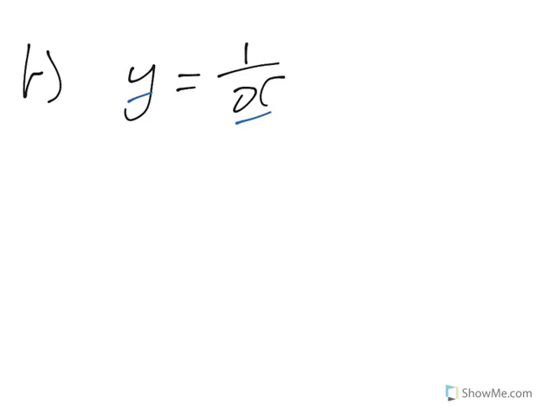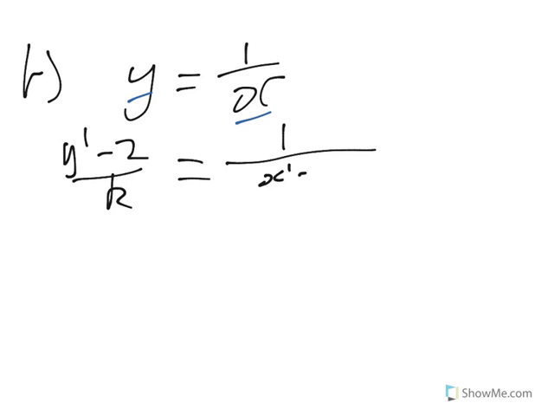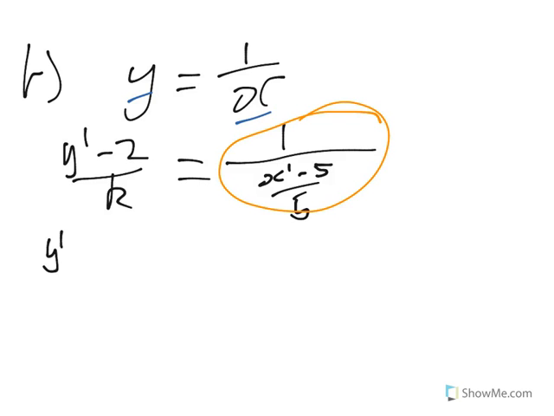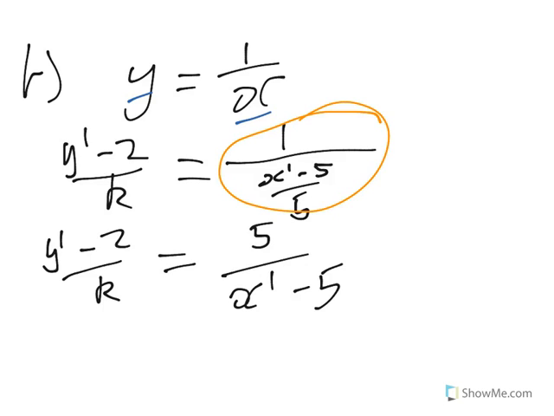So replacing the y by (y dash take 2) on k, and the x by (x dash take 5) on 5. Dividing by a fraction here, turn upside down and multiply. So you get (y dash minus 2) over k equals 5 over (x dash take 5).